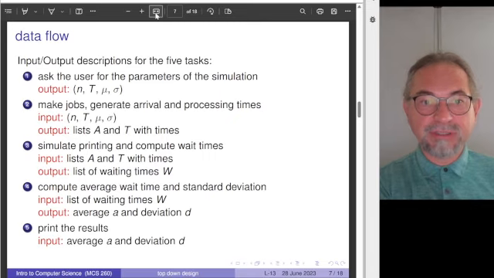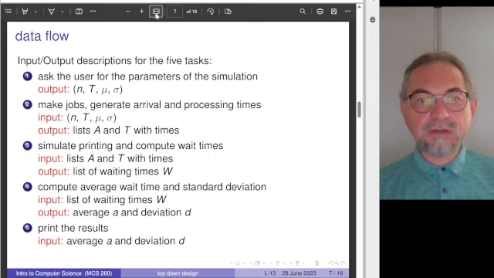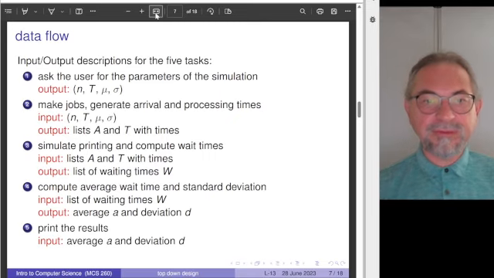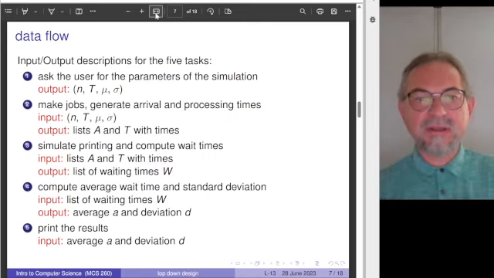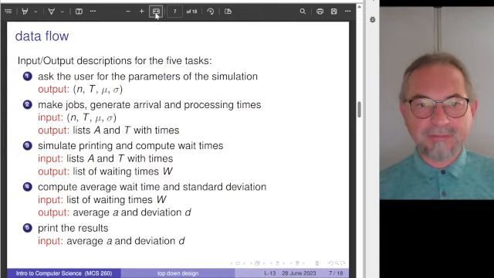So the parameters are n and t. On input we have the T for the time interval, and the output are two lists, A and, I call the T again. This is very bad. It should have been P. I will fix this. So we have two lists, the lists of the arrival and the processing times.